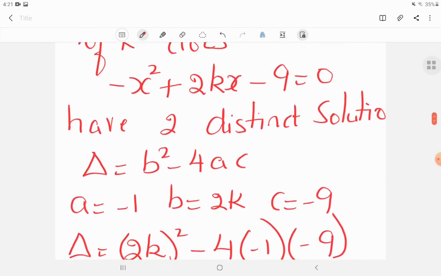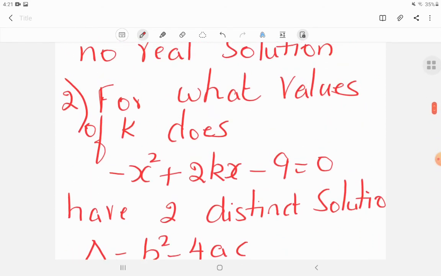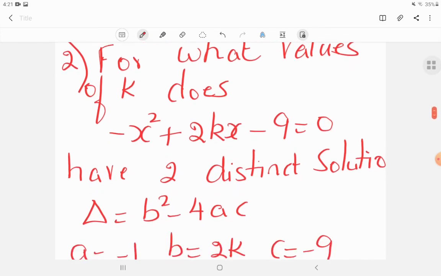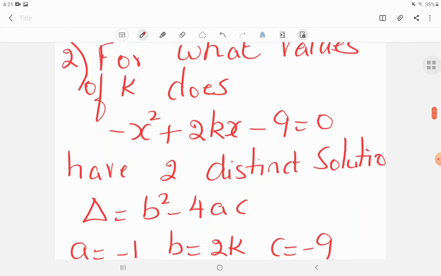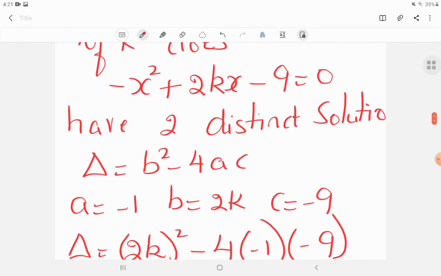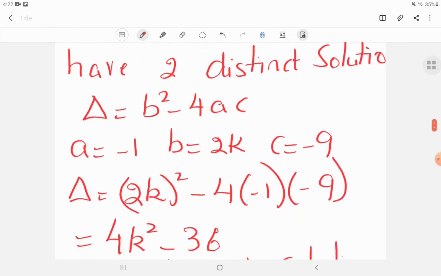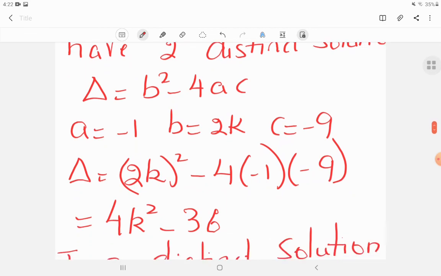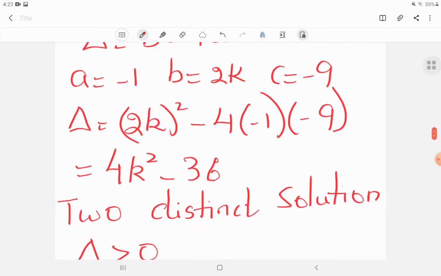Once again, we'll go through this example. We are trying to find the values of k for the equation minus x square plus 2kx minus 9 is equal to 0, which has two distinct solutions. We use the discriminant formula, delta is equal to b square minus 4ac, and substitute the values of a, b and c. We get delta is equal to 4k square minus 36.